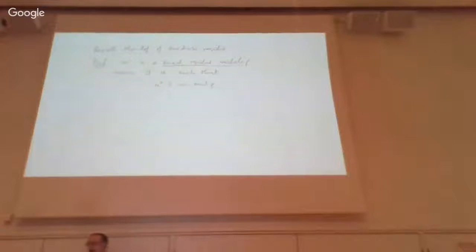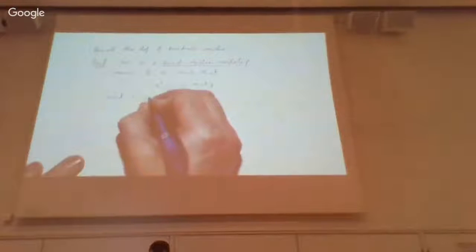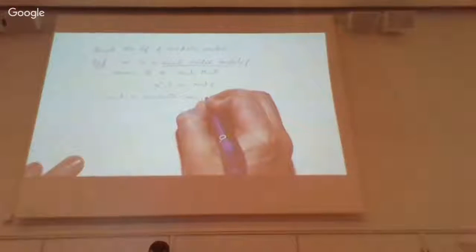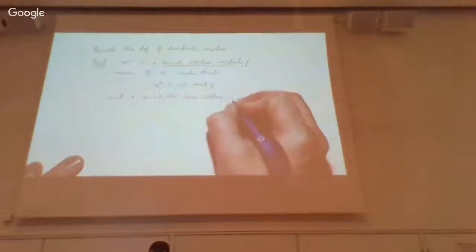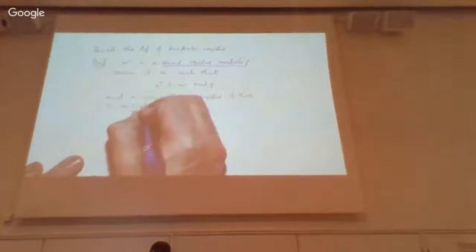So w has, in effect, a square root with respect to multiplication modulo p. And a quadratic non-residue if there is no such u.